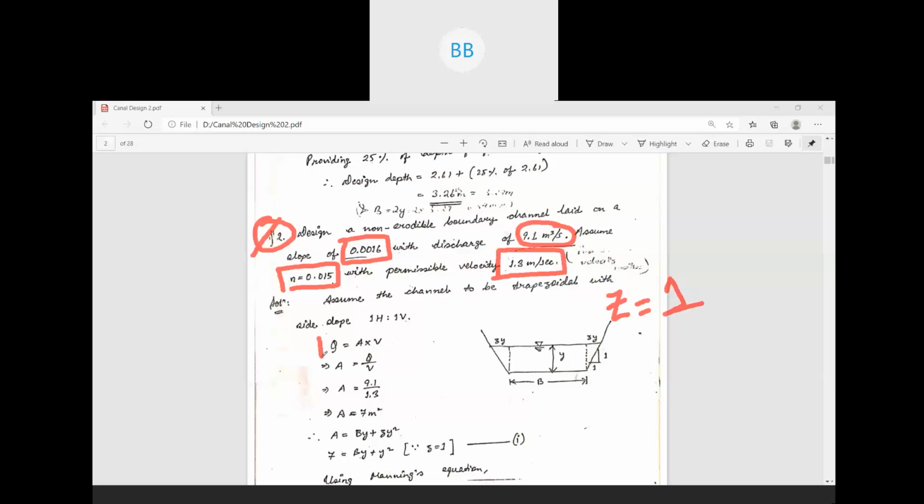Discharge is nothing but area into velocity, so area is equal to discharge by velocity. Discharge is 9.1, and the maximum velocity given is 1.3 meter per second, so you can find the area: 7 meter square.